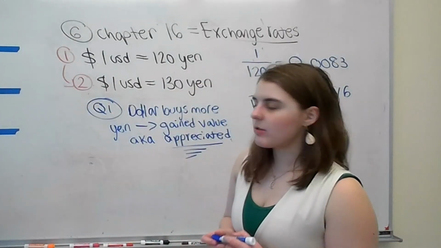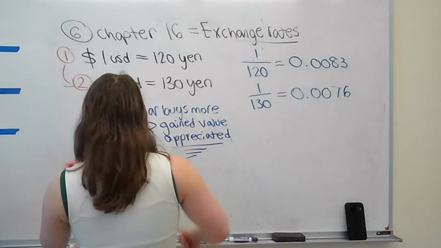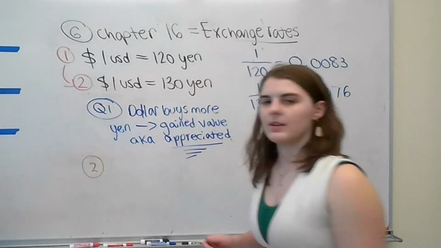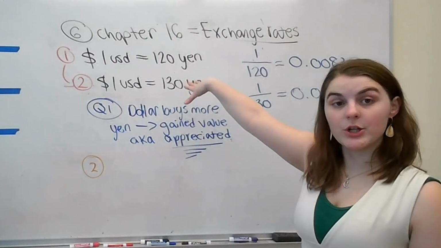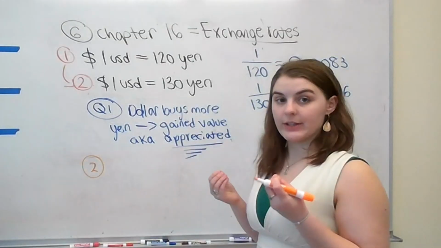So the second question now asks us what happens to trade. If we have trade and US goods, if the US dollar has appreciated, that means it's going to be more expensive to import US goods.